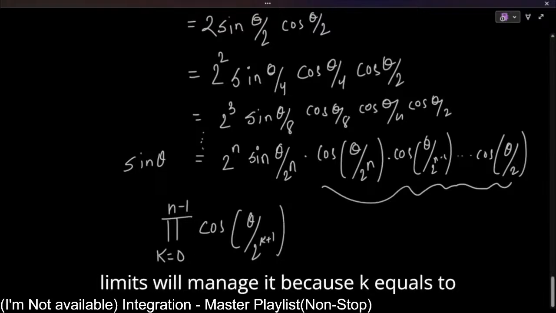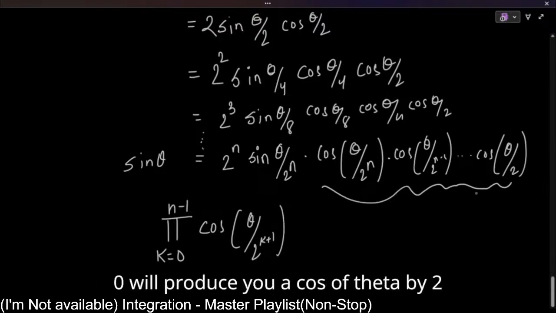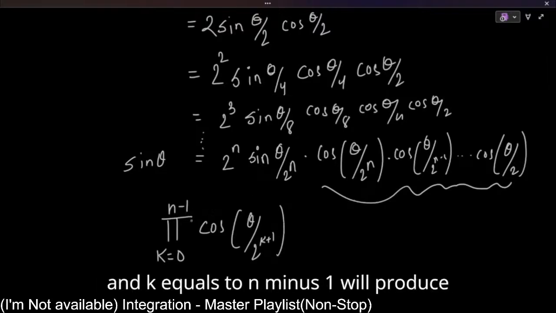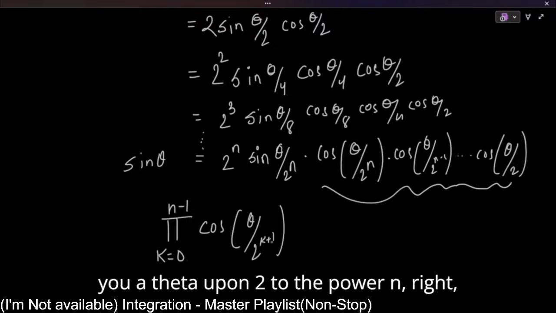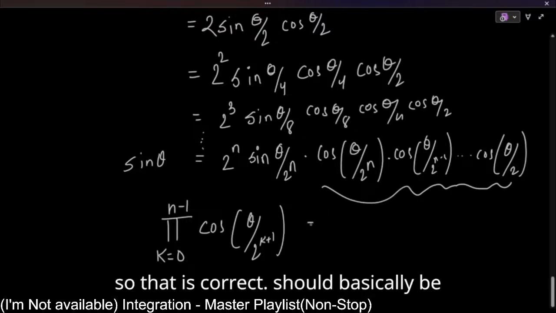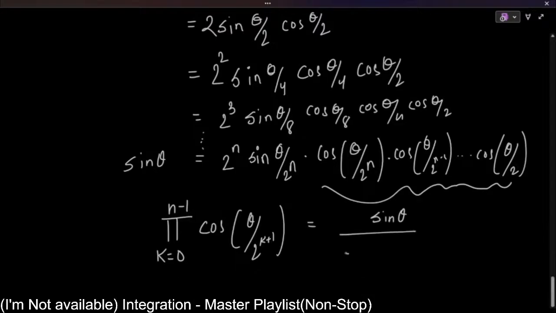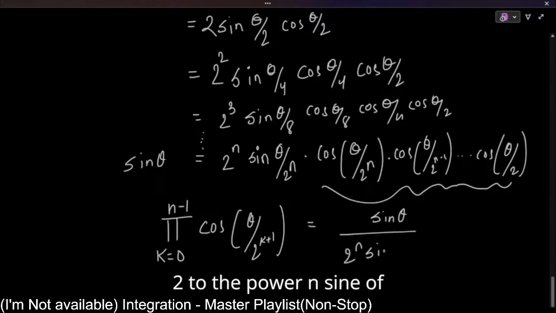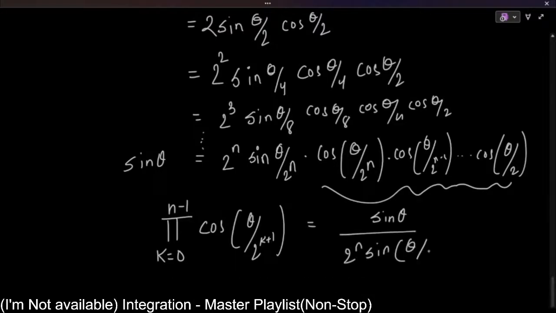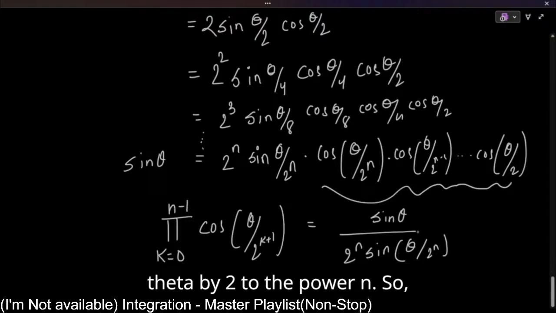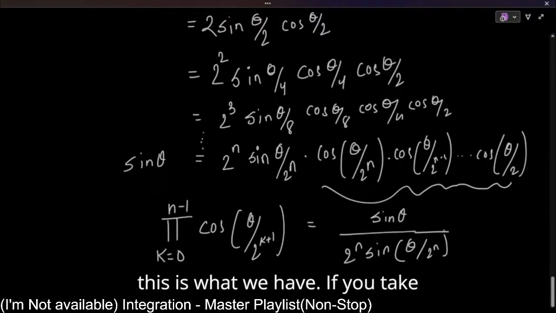Notice how the limits will manage it, because k equals 0 will produce you a cos of theta by 2, and k equals n minus 1 will produce you a theta upon 2 to the power n, right? So that is correct. Should basically be equal to sine theta upon 2 to the power n sine of theta by 2 to the power n. So this is what we have.